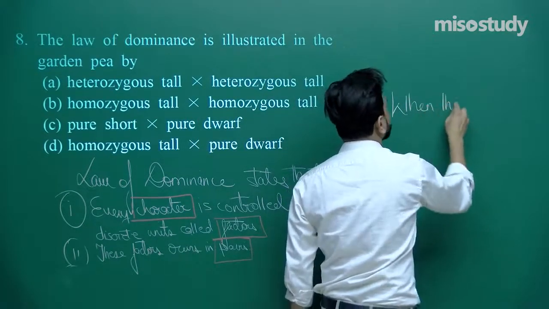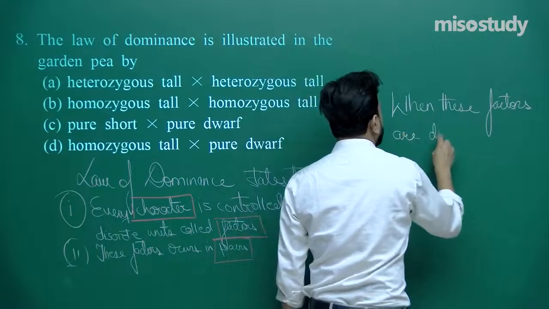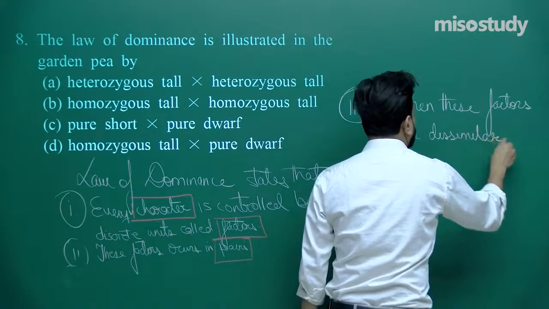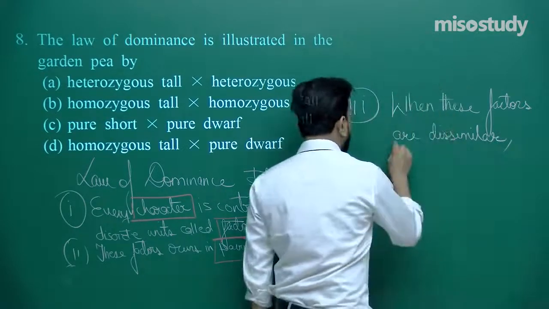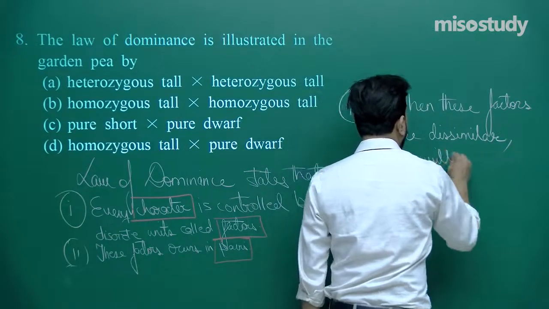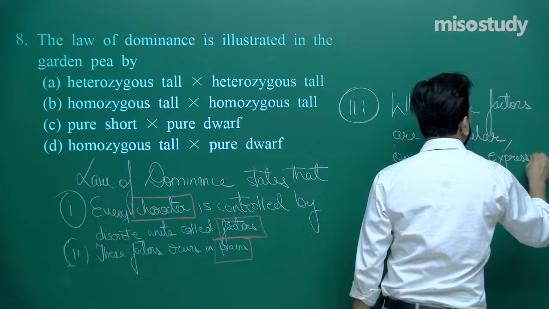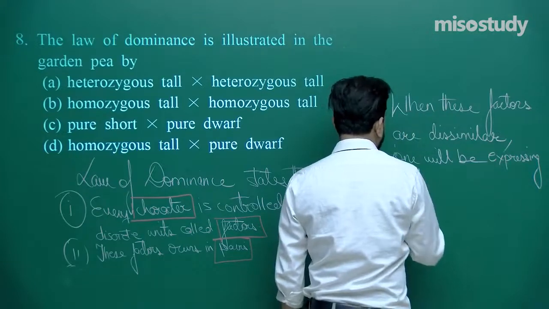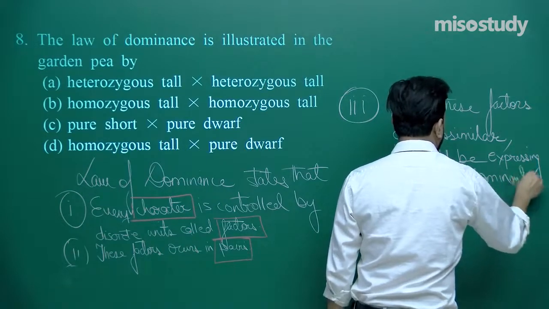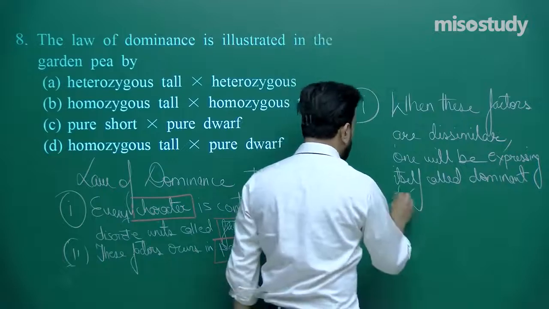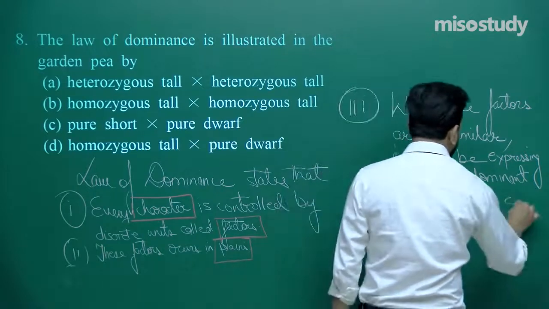When these factors are dissimilar, one will express itself, called the dominant factor, and the other called the recessive factor.